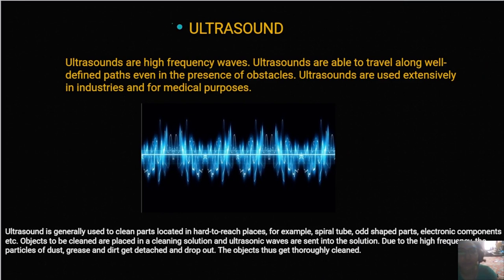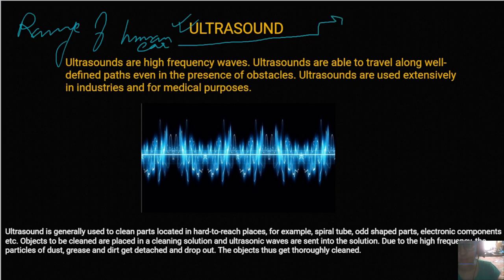Okay, now ultrasound. Before ultrasound, one thing that I want to discuss is that human ears have a range of frequency in between which they can hear sound. So the range of the human ear is basically 20 hertz to 20,000 hertz.